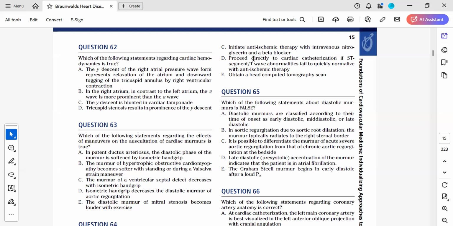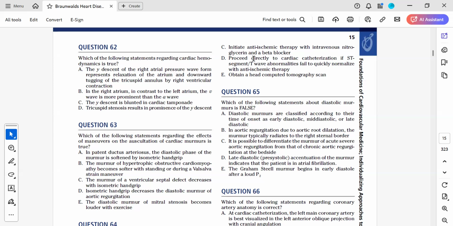Shorter in the sense that the regurgitation is acute. There's no time for the left ventricle to adapt and probably become more compliant. So the diastolic pressure builds up rapidly and reverses the regurgitation. So the murmur is usually shorter and softer, whereas for chronic, the murmur is usually longer and louder.